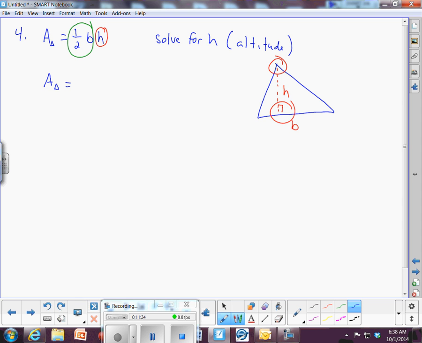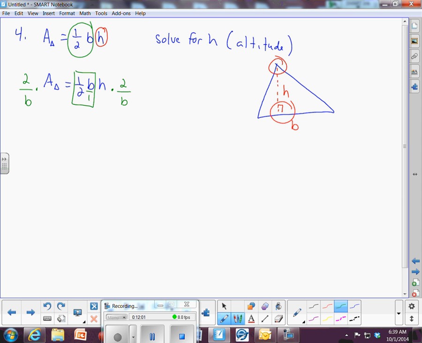So I'm going to show that here in the next step. Let me rewrite what we have. 1/2 BH. On the right hand side, I need to multiply by a 2 on the top and a B on the bottom. Isn't that the reciprocal of this? What do you have on the bottom? A 2. What do you have on the top? A B. So I have to do the reciprocal, 2 over B. Whatever I do on the right side, I have to do the same thing on the left.